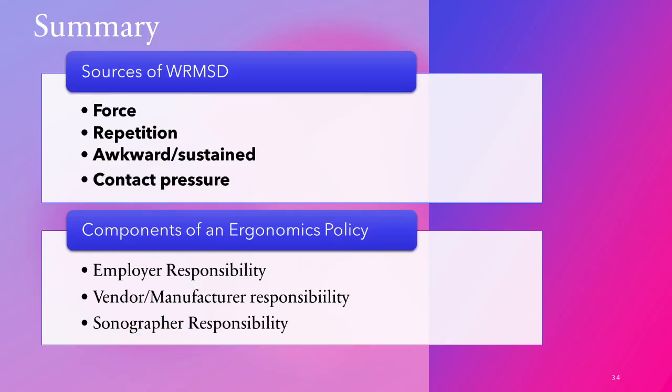So in summary, sources of these types of injuries: force, repetition, awkward sustained position, contact pressure. Just remember, those are the sources. The components of a policy include the employer's responsibility and the vendor or manufacturer responsibility.